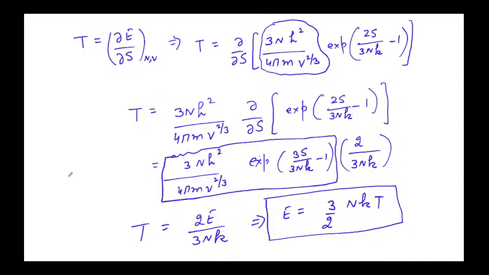So similarly we can find the pressure term. Pressure of a system is minus ∂E/∂V at constant n and S. So again you have to take the derivative of the expression of energy.